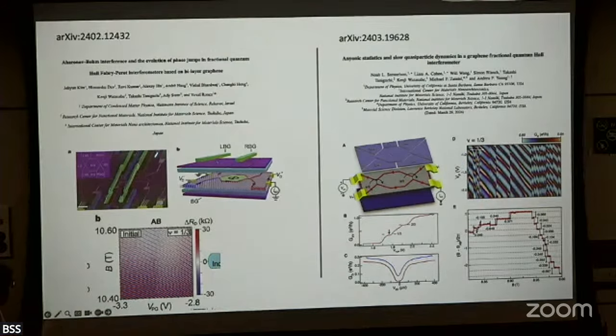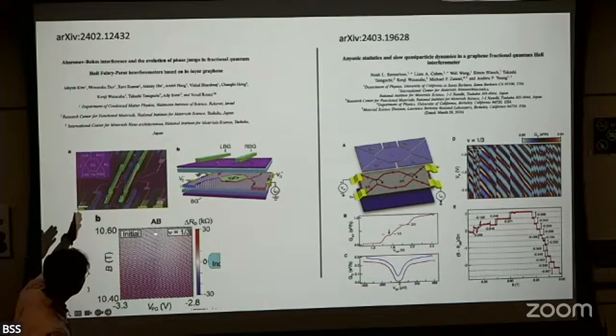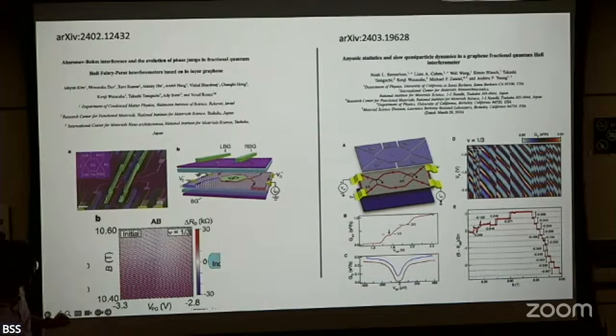Their devices are exactly the same as ours, because Yuval was my former postdoc. So we smuggled the interferometer technologies from the Weizmann group, because Yuval did a PhD, but then we exported our graphene technology to Weizmann. So it's fair. But I think Yuval's device is probably much better.